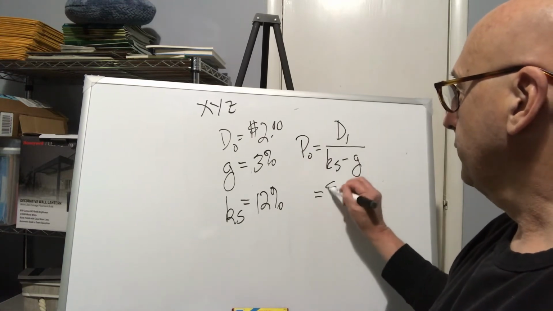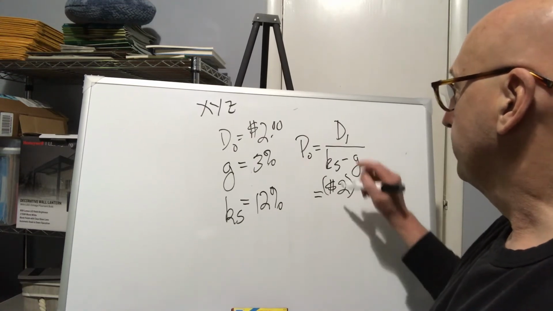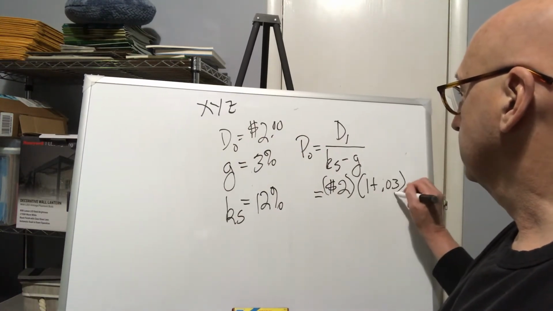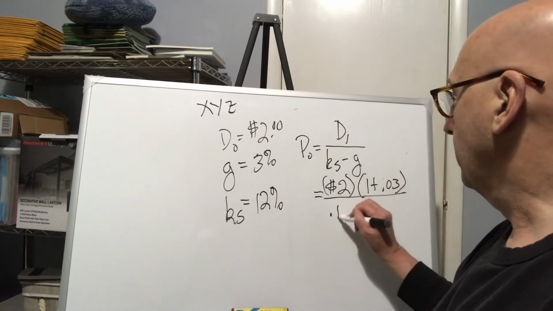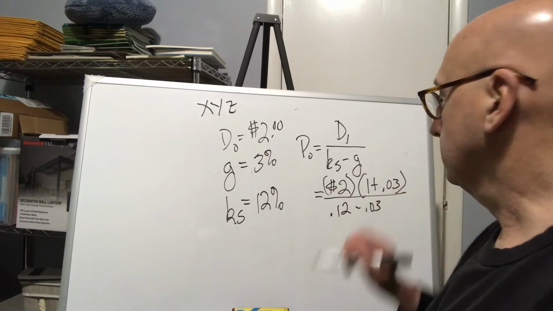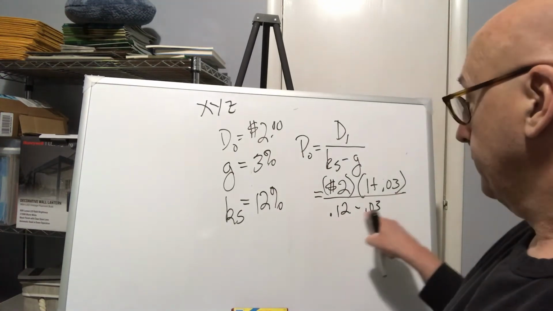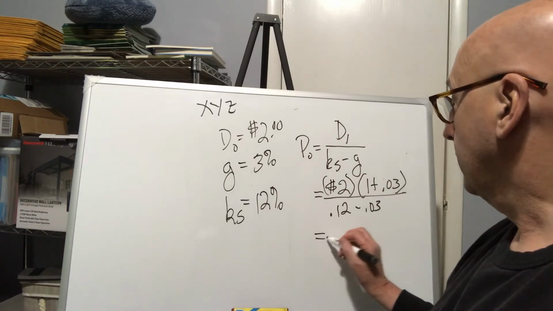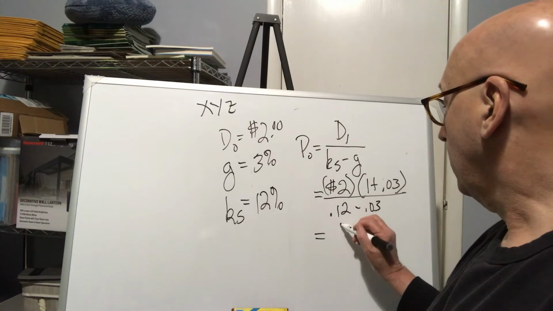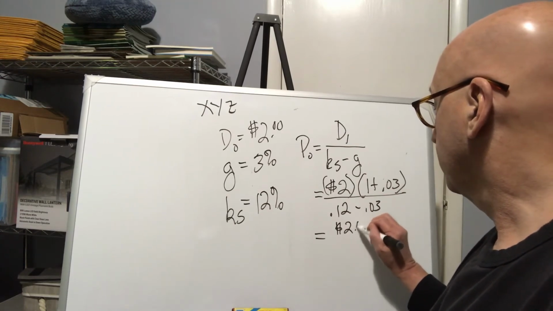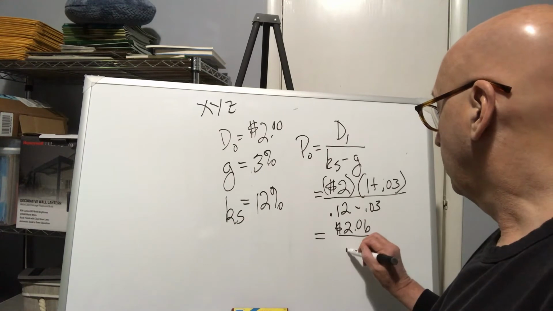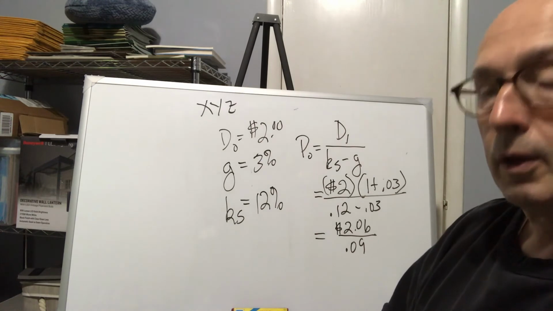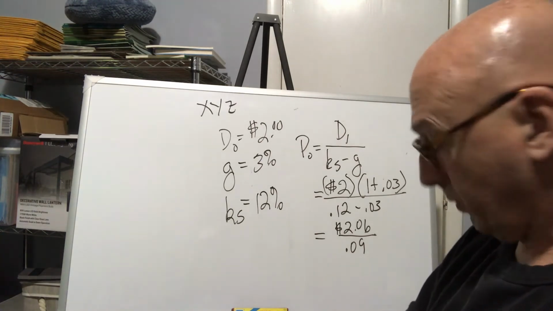So that's going to be equal to the $2, but that's today's dollars, so I've got to multiply it by 1 plus 0.03, and then divide it by 0.12 minus 0.03. Required rate of return on the stock less the growth rate in the dividend. So if I do the arithmetic, I'll get $2.06 divided by 0.09. 0.12 minus 0.03 is 0.09.